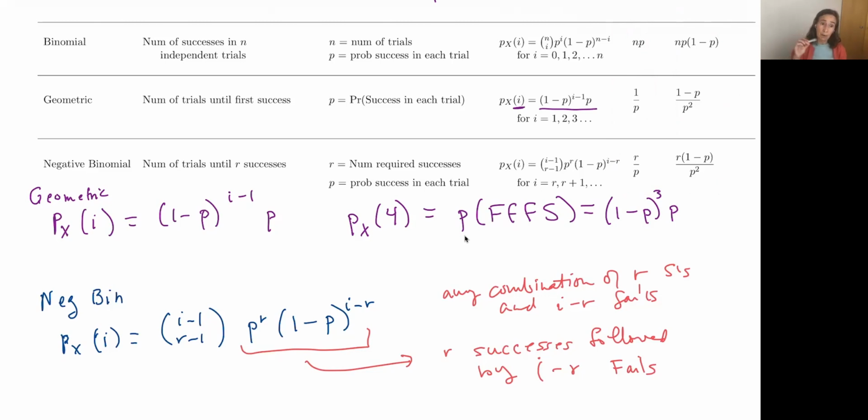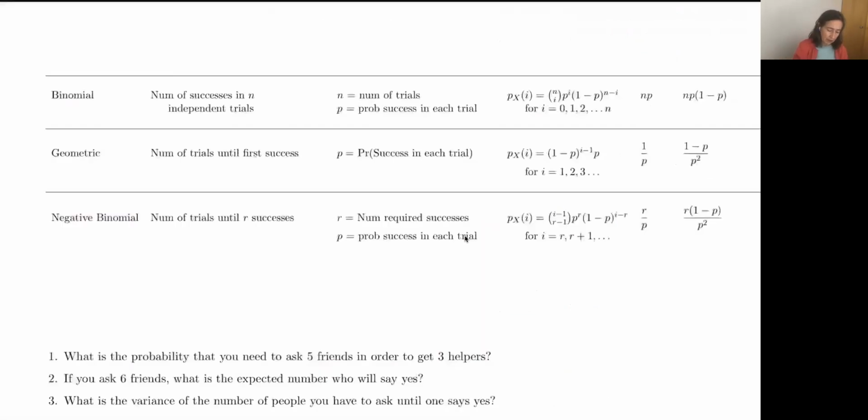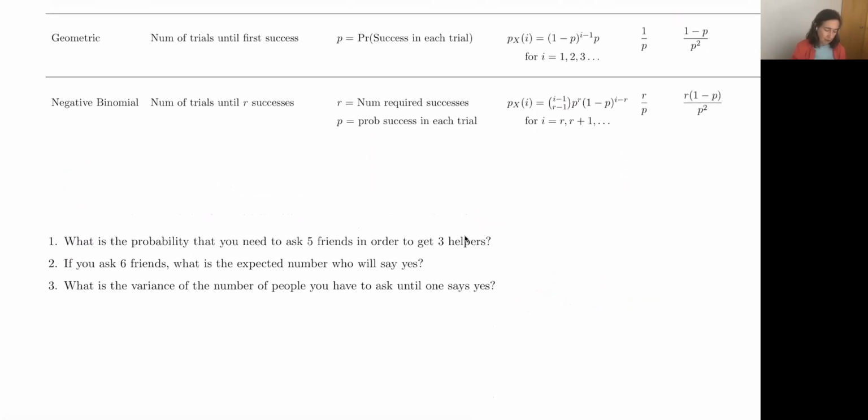And what I want to do in the rest of this lesson is apply these random variables to some more specific questions. I'm thinking of a scenario where you're asking friends to help you with something, help you move.